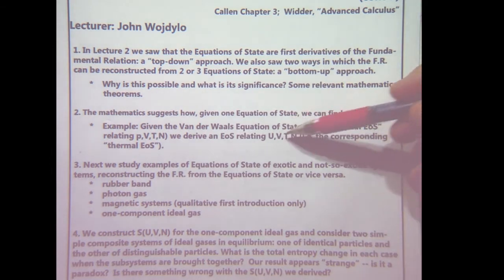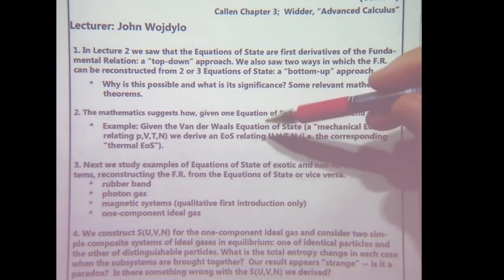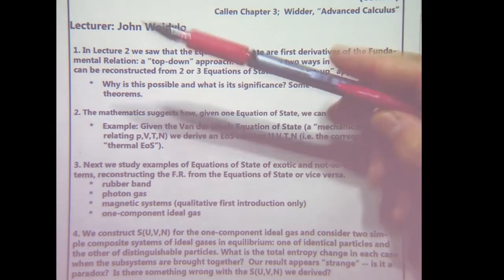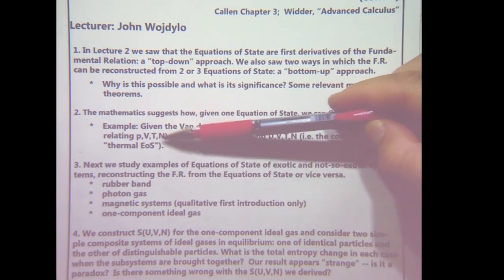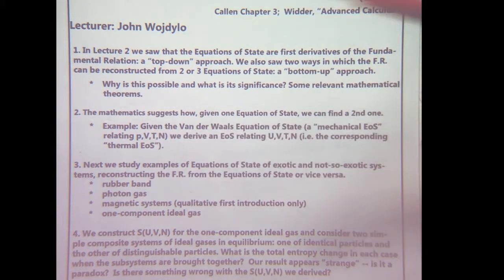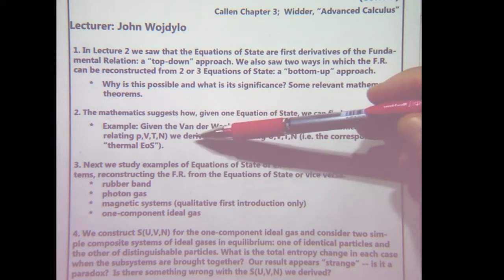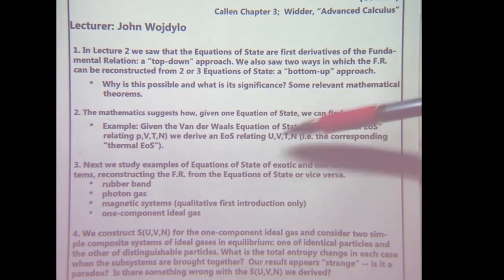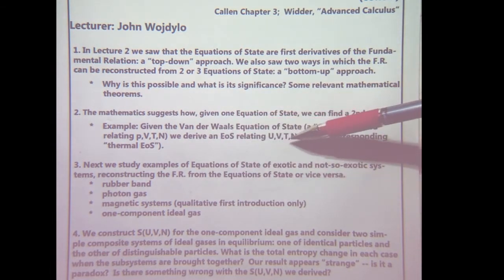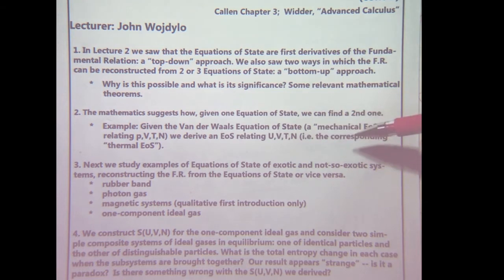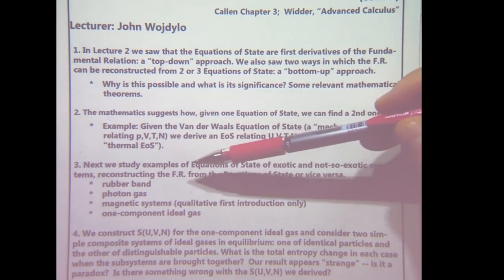So we'll have a look at that. And the van der Waals equation of state relates pressure, volume, temperature, and number of moles. And because it's got pressure in it, that kind of equation of state is known as a mechanical equation of state. From that, we derive an equation of state relating the internal energy, the volume, temperature, and number of moles, which is the corresponding thermal equation of state.